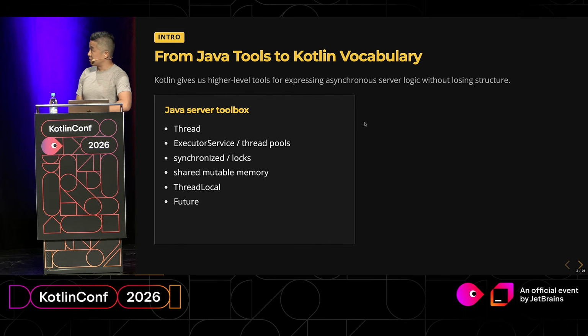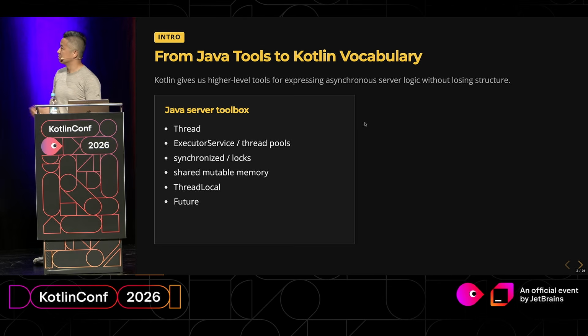As Java developers, we already know how to build high concurrency servers. In the past years, we have been using the Java toolbox, solving concurrency problems in production for many years, including threads, synchronized blocks and shared mutable memory, thread local features, executor services.